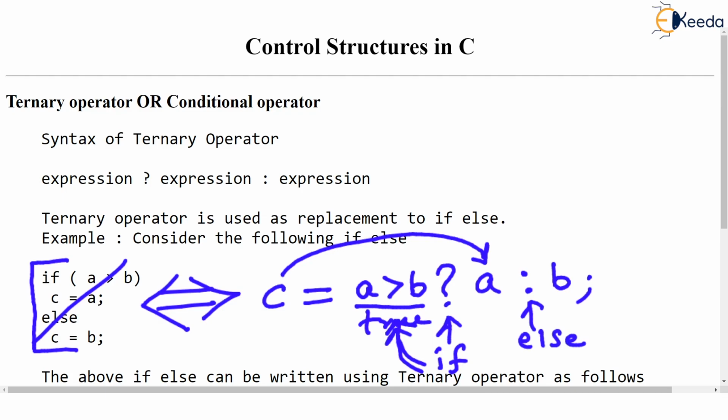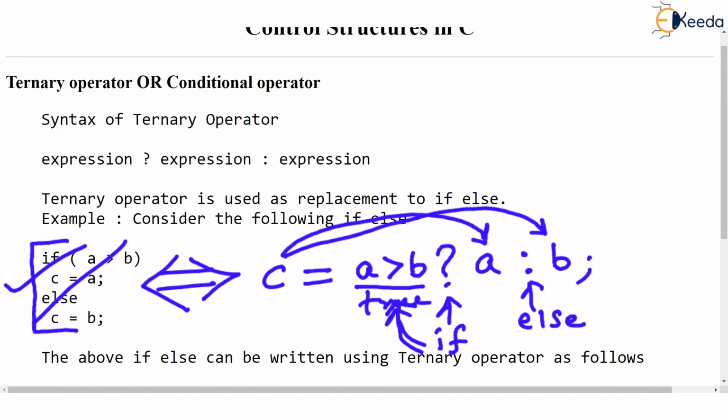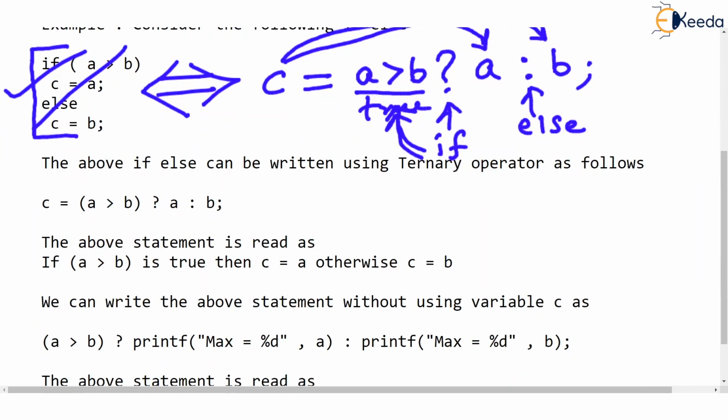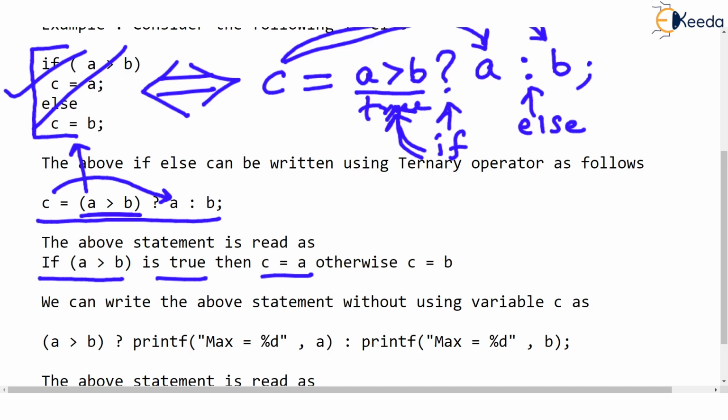So if A greater than B is false, then C should take the value of B. That's exactly what is written using if over here. This is the code which is equivalent to the if else. The explanation is, if A greater than B is true, then C will become A. Otherwise, C will become equal to B.